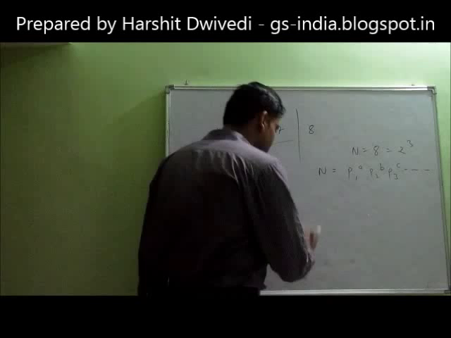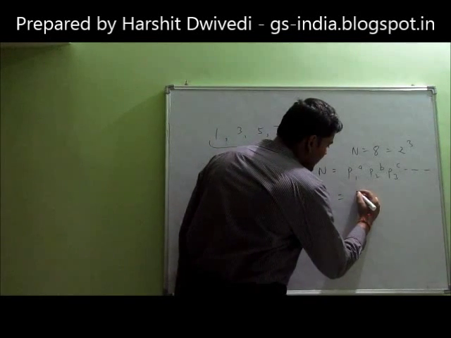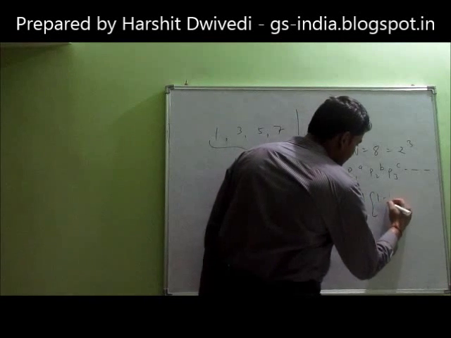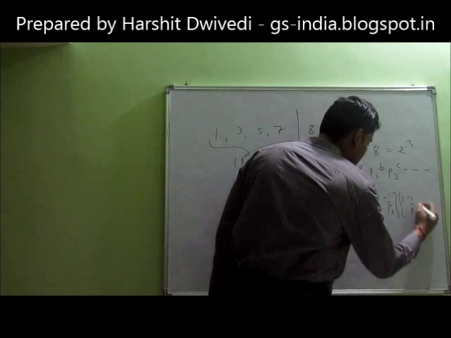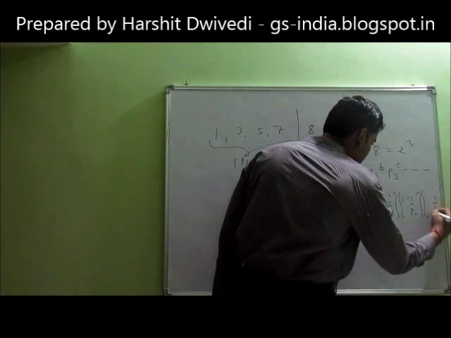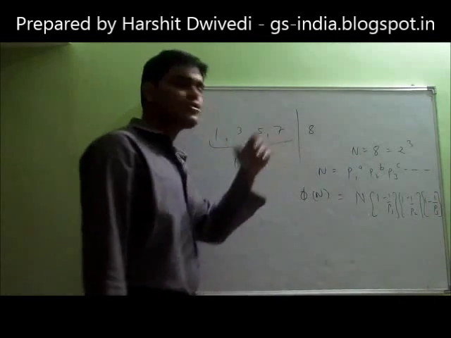And I told you that the Torsion number is something like this: phi n is equal to n into 1 minus 1 upon p1, into 1 minus 1 upon p2, into 1 minus 1 upon p3. This is the Torsion number.